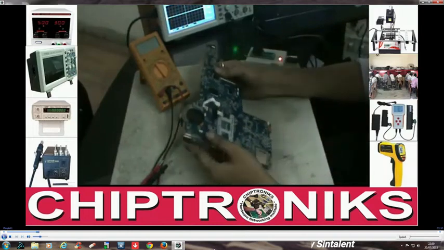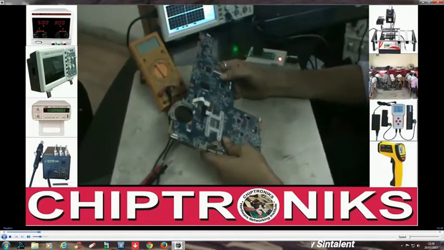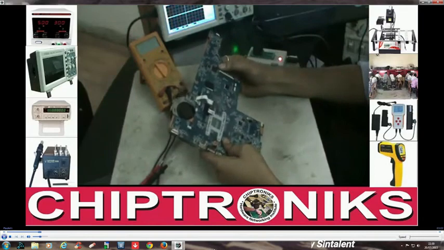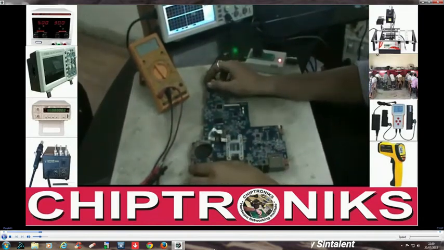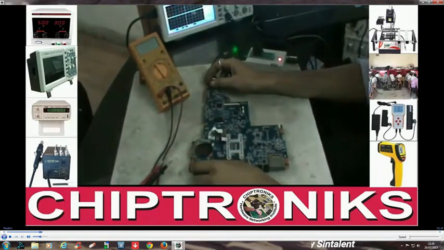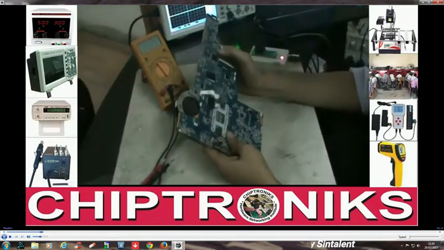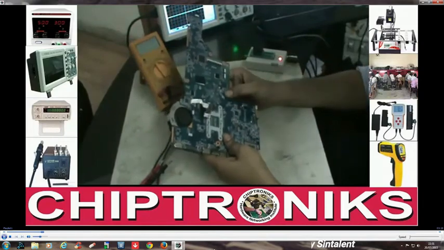EC BIOS is the embedded controller, which controls your IO, and system BIOS is for display only. That's why if your motherboard is in dead condition or charging problem condition, and the problem is in your BIOS, you need to work on the EC BIOS, not the system BIOS.